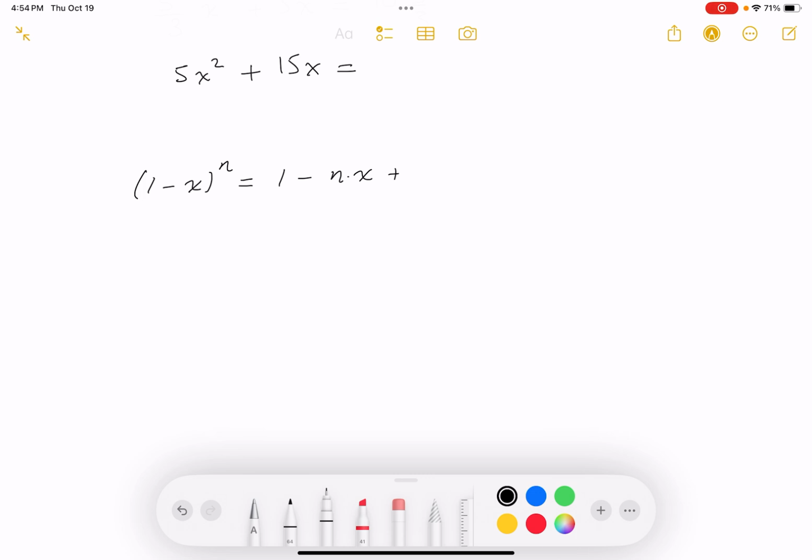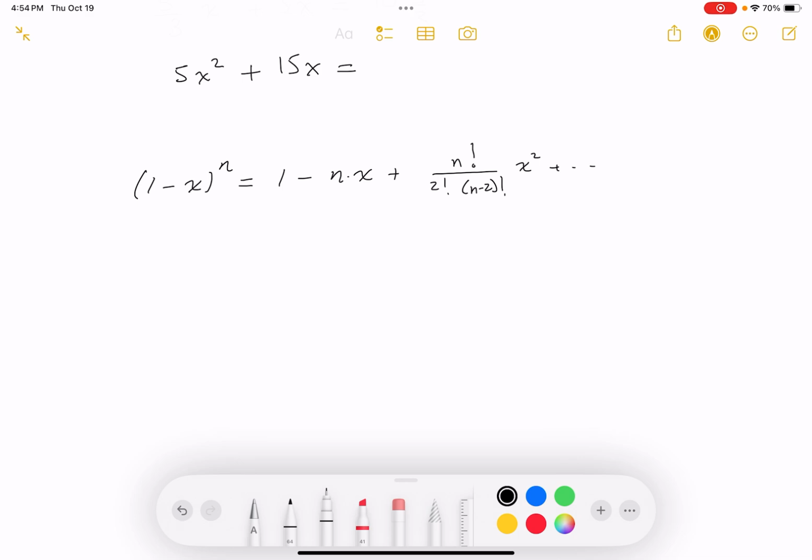I know it's going to be x squared, by the way. I'm going to put the binomial coefficient down now, and that's going to be n factorial over 2 factorial, and then n minus 2 factorial.